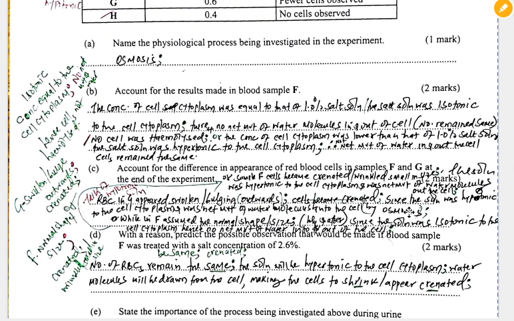Cells became crenated since the solution was hypotonic to the cell cytoplasm. Hence, net movement of water molecules into the cell by osmosis. While in F, it was a normal shape and size since the solution was isotonic to the cell cytoplasm, hence no net movement of water in and out of the cell.